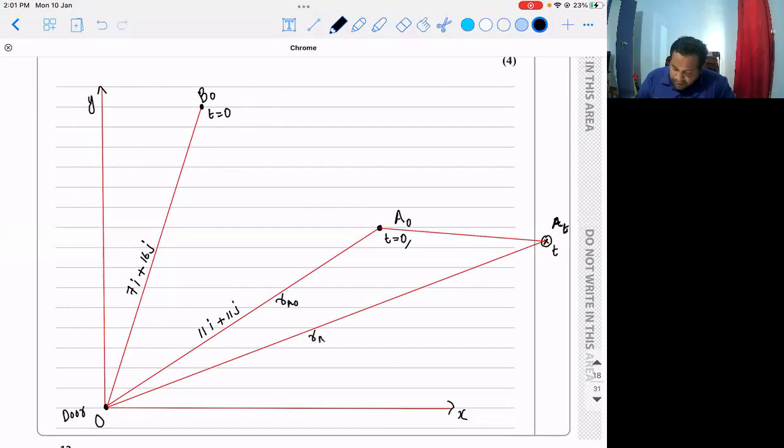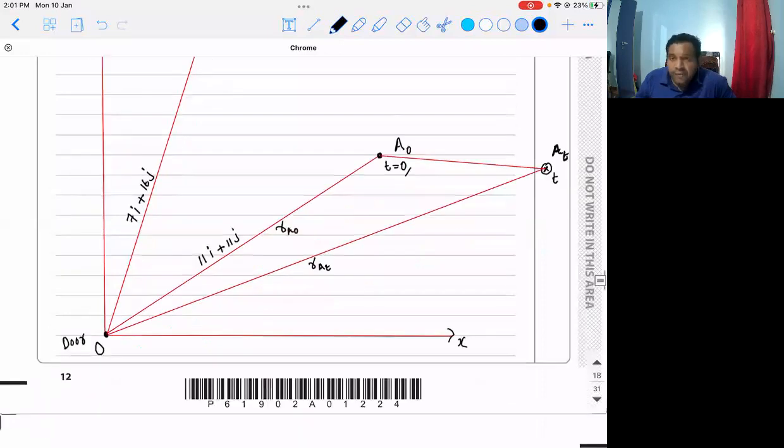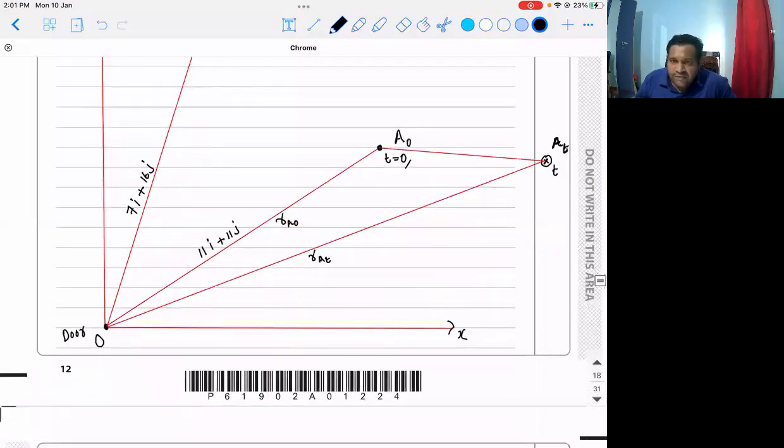So this is the position vector of Agatha at t time. According to the equation that we learned, the new position vector is equal to the original position vector plus speed times time. Am I correct?